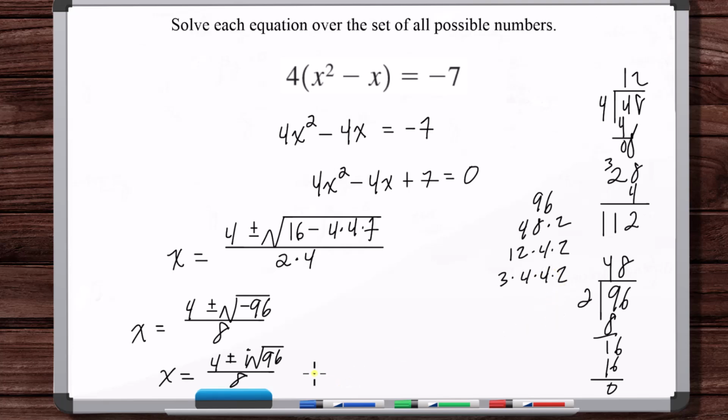So we can take a 4 out of the root, and we're left with a 6. Now we see that that's going to result in 1/2 plus or minus root 6 over 2i.